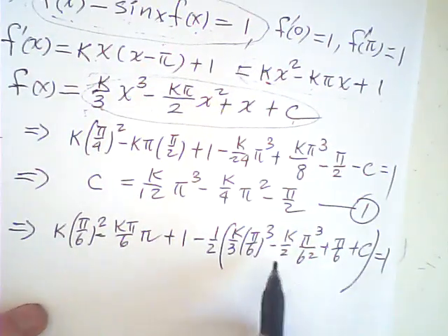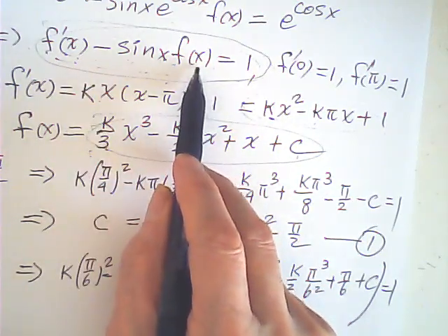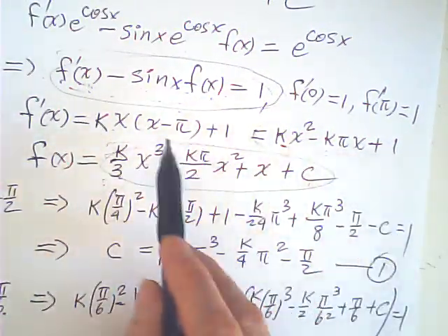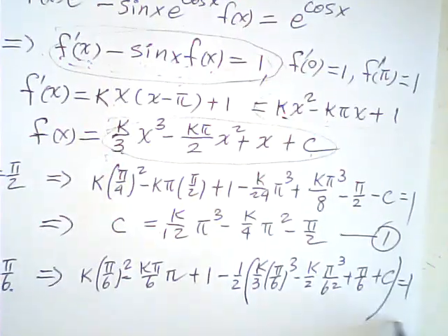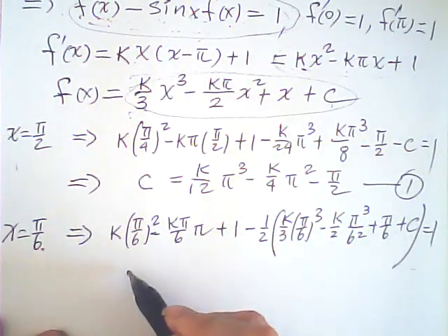That is this equation when x equal to pi over 6, and f prime is this, f of x is that. Okay, lots of details, and the calculations too.